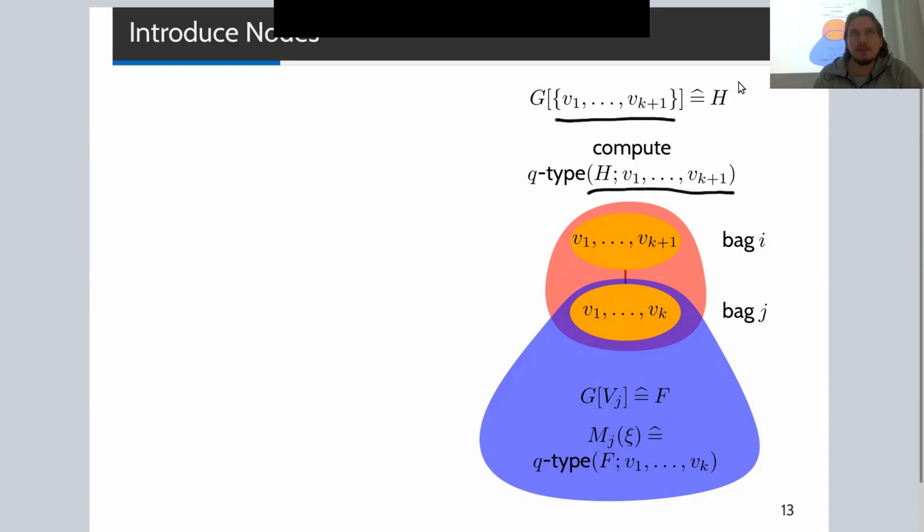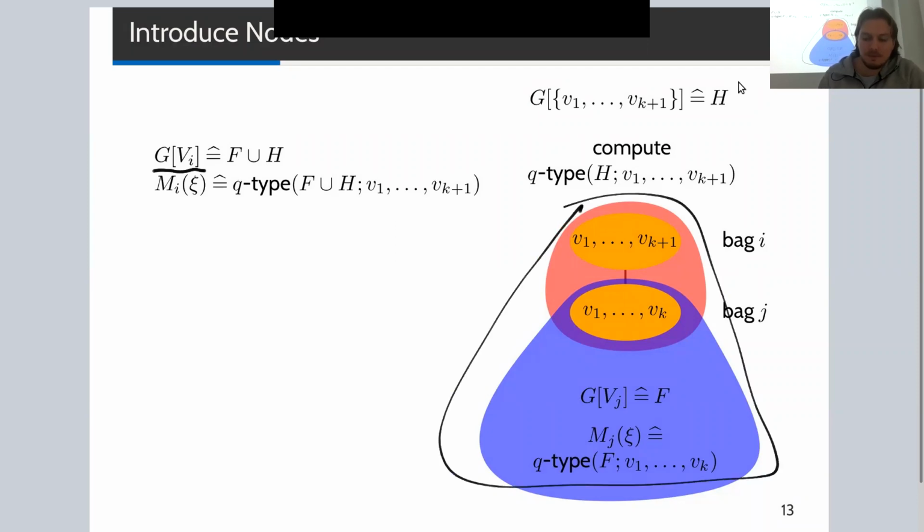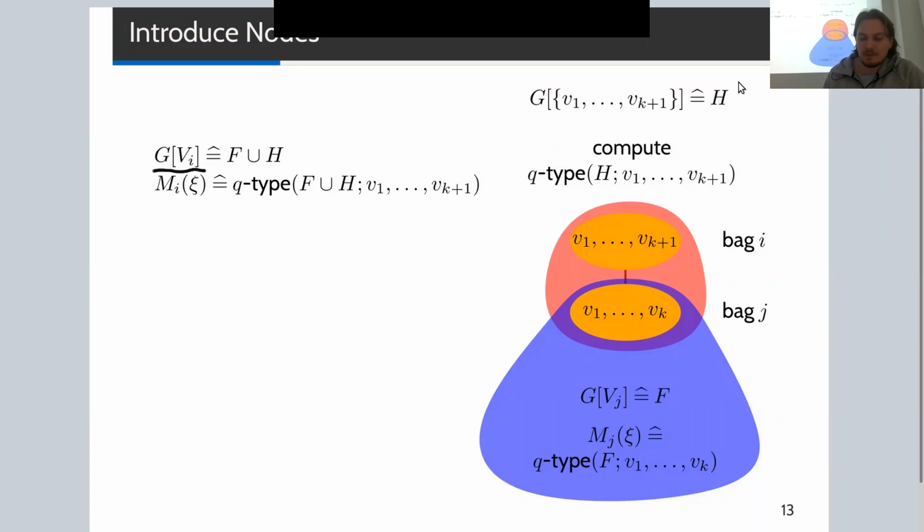Now we have two graphs, F and H, and the Q-types of them. The thing that we want to compute can be seen as a Q-type on F union H. We want to compute the truth values of formulas in the graph G of V_I, which contains all the vertices that are below this bag, so this part of the graph. And this is simply F union v_{k+1}.